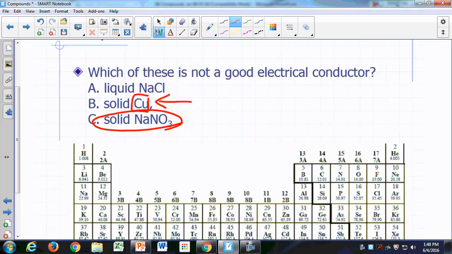So all the metal atoms here have loosely held electrons that can freely move among the atoms. So that's a good electrical conductor. So solid sodium nitrate is the one that is not a good electrical conductor. And like we said before, any ionic compound that is molten or in liquid form would be a good electrical conductor. Okay? So the correct answer here is solid sodium nitrate.